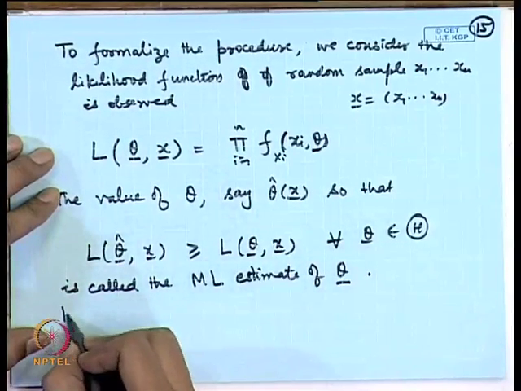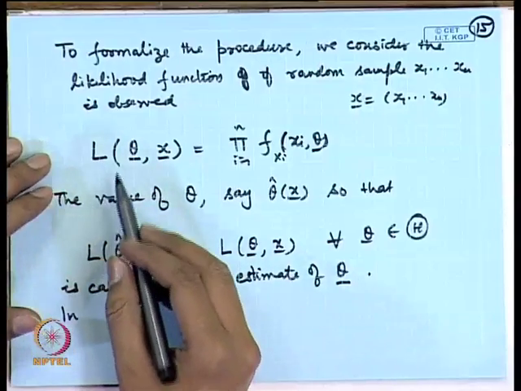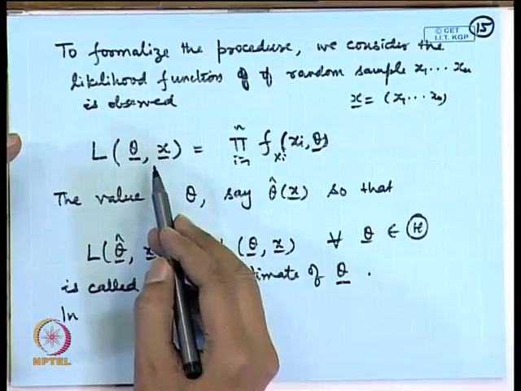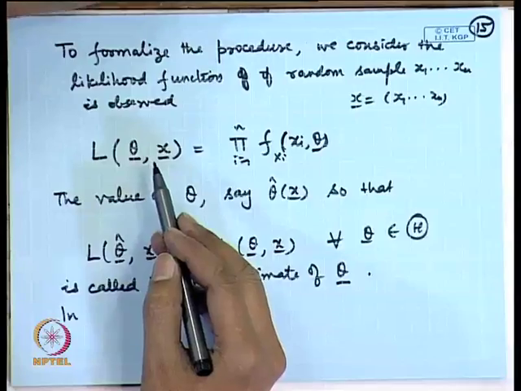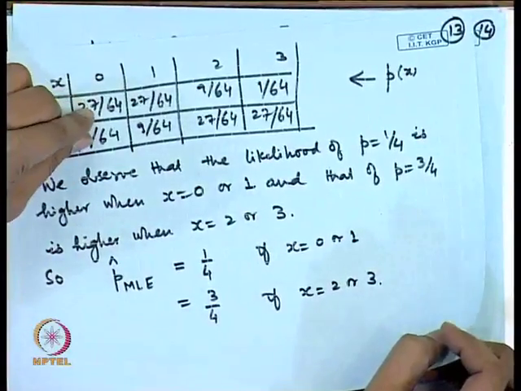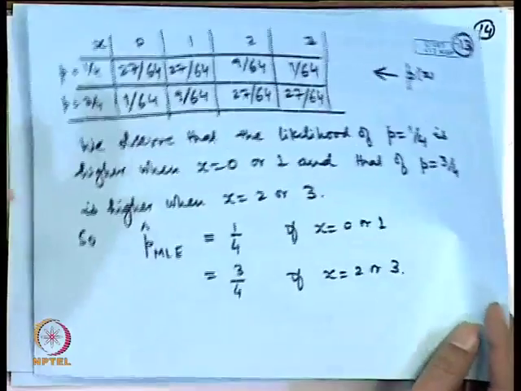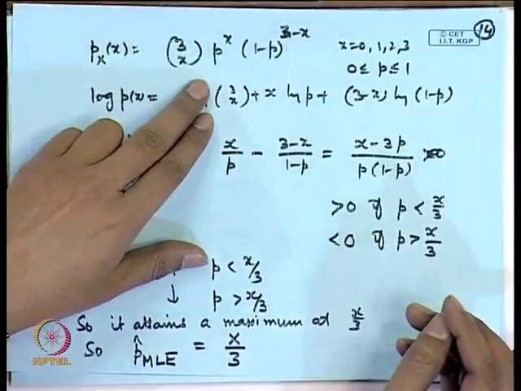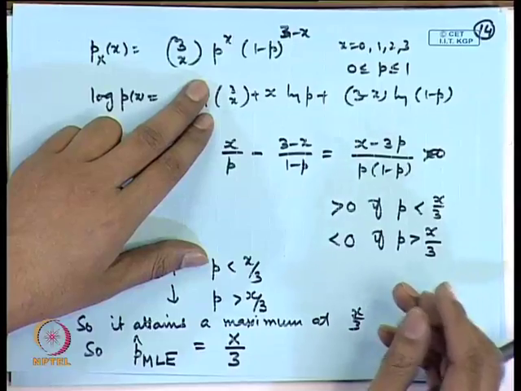Now, in practice one may take log depending upon what type of function you have. For example, in the first case we did not take log, we actually wrote the values because only two possibilities were there, whereas in the second case it is a continuous and differentiable function. So, we took log and then differentiated. There is no hard and fast rule for this. However, this procedure of taking logarithm is considered quite standard, and in many practical problems it is applicable.